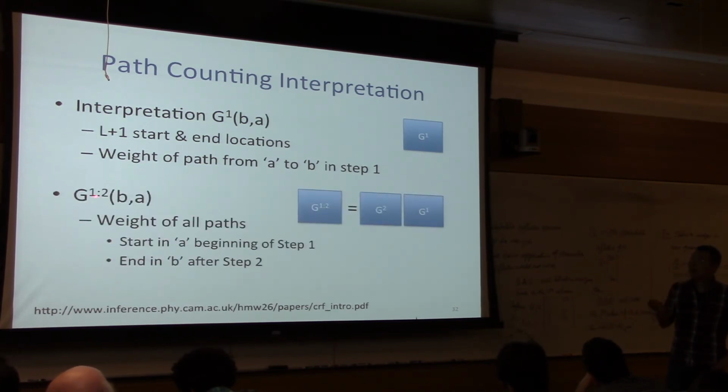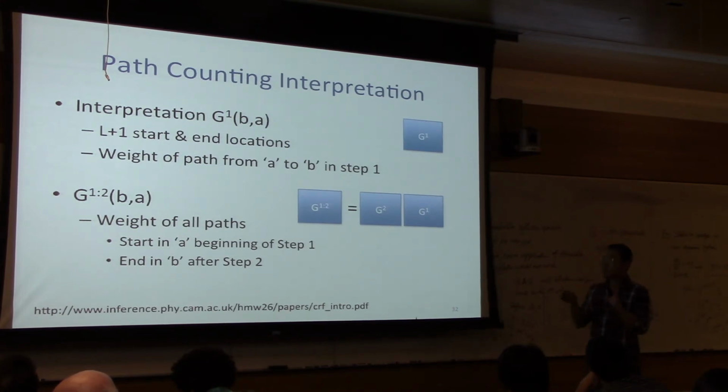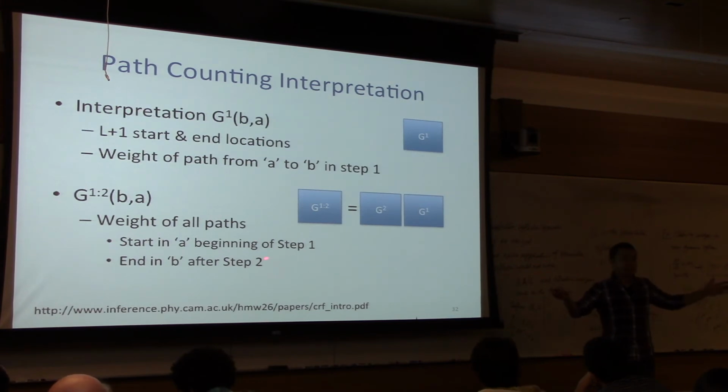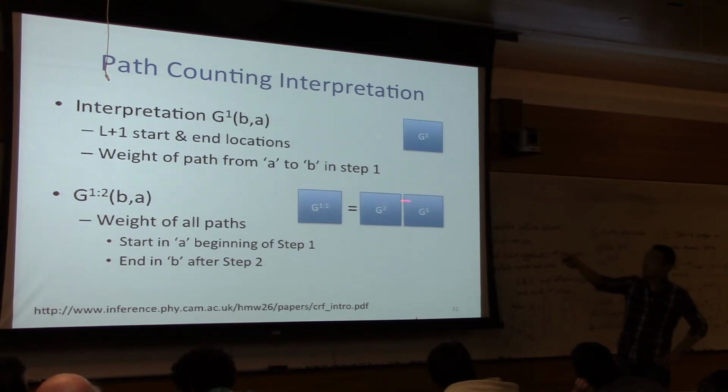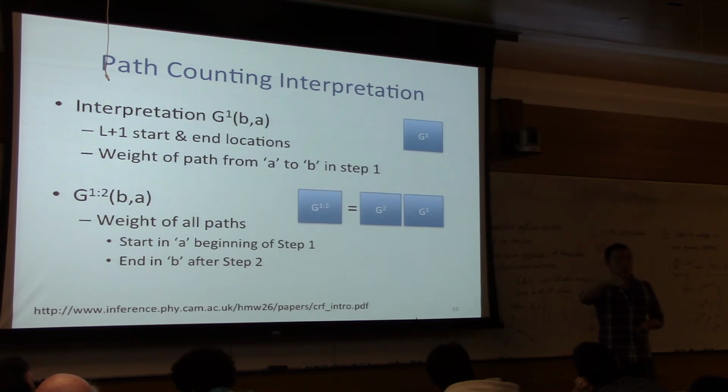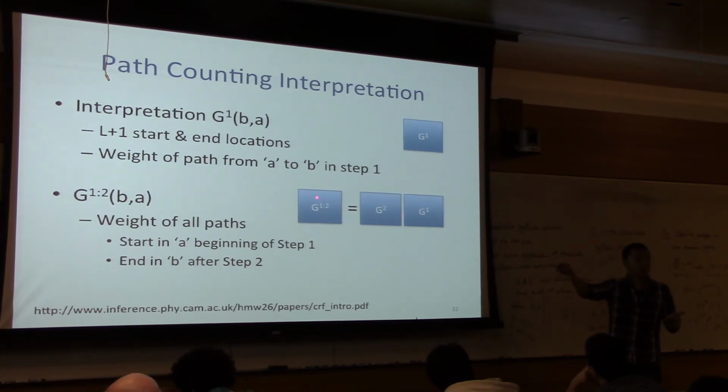So what does it mean to count the first two? It's the weight of all paths where we transition from part of speech tag A at the beginning, prior to the first word, and transition to part of speech tag B at the second word. And that is this matrix product. This second matrix is: whatever tag you start in at word 1, I'm going to transition from that to the current part of speech tag at the second token.